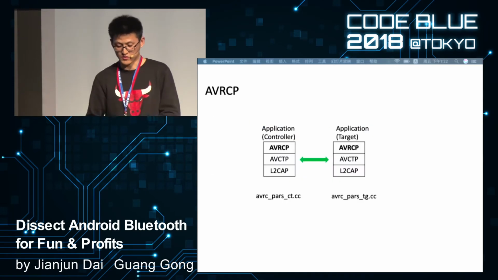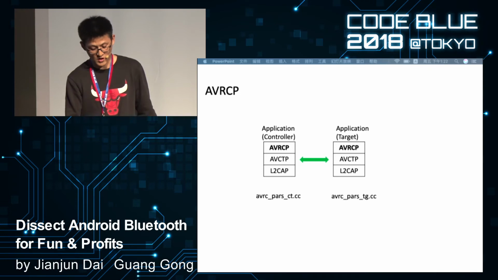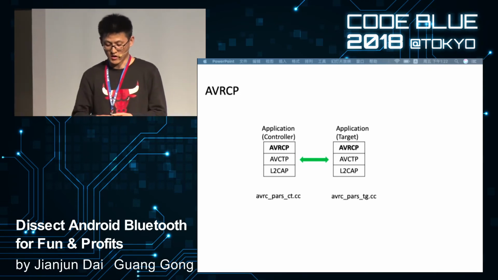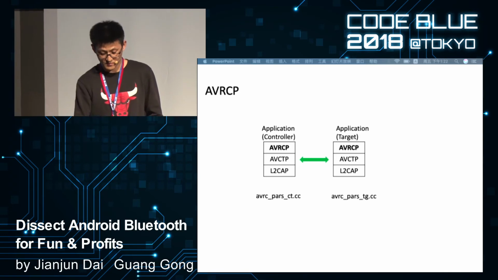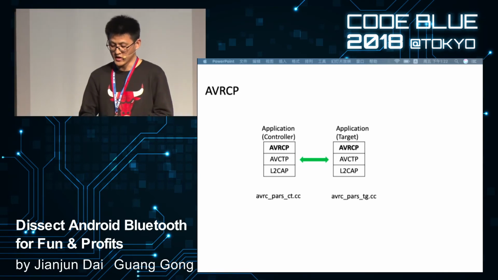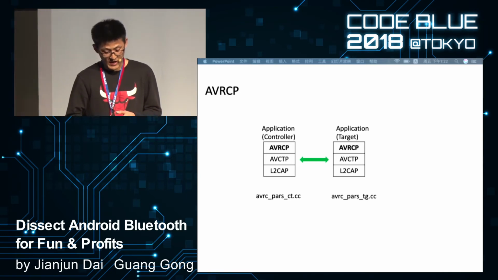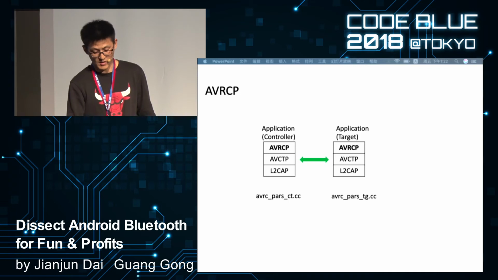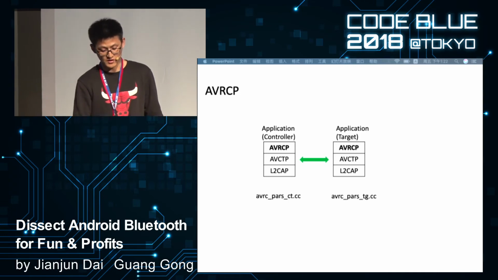AVRCP supports 2 modes, controller and target. They communicate with each other on 2 devices. The source code of the controller is in the file avrc_parse_ct.cc, and the target in avrc_parse_tg.cc.